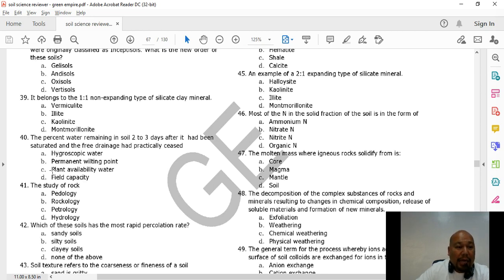Then plant available water, I think it just says it's available moisture. Permanent wilting point is that point wherein ang available nga tubig sa soil are only hygroscopic water and the capillary water nga held very tightly. Still dili na usable.